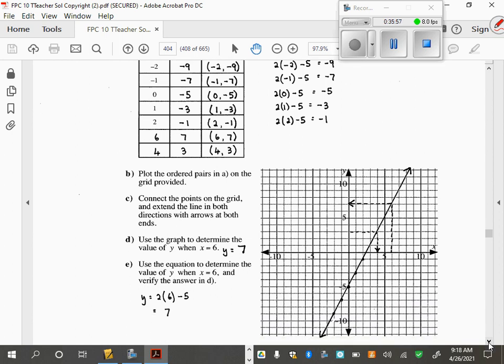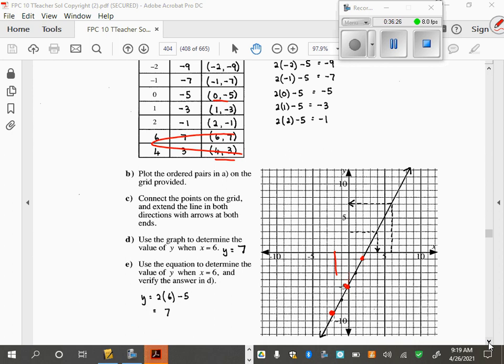And I'll leave the table of values on there. And then we plot -2, -9, which is 2 to the left, 2 to the left, 9 down, right here. And I'm plotting 0, -5, 0, 5 down. Actually, never mind these two, I don't need them. 2, -1, right there. And then you connect the dots.